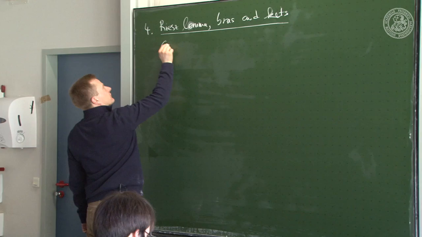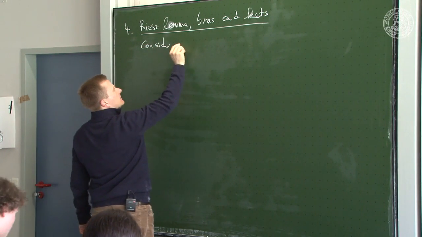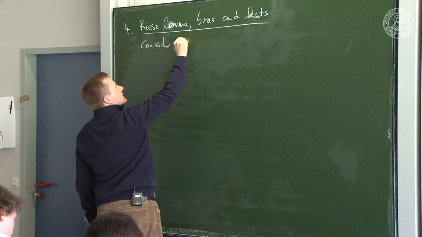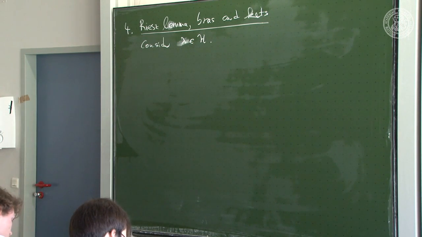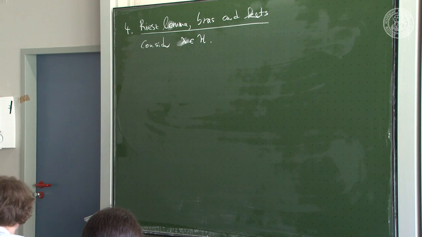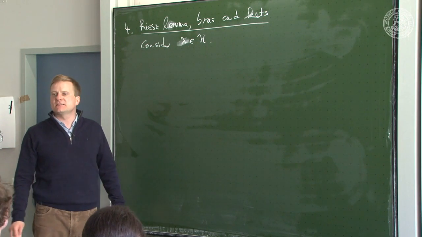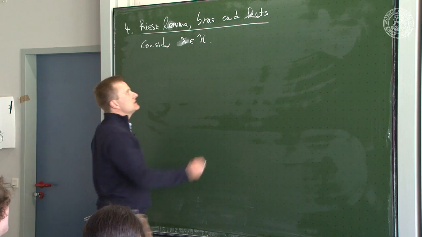But let's start differently. Let's say consider a lambda in the Hilbert space. So lambda is usually a complex number. Now lambda is an element of the Hilbert space in this case. So consider lambda an element of the Hilbert space.